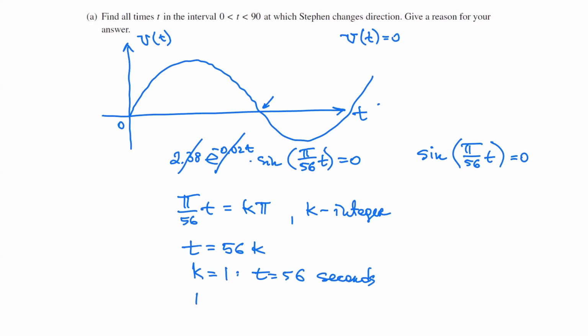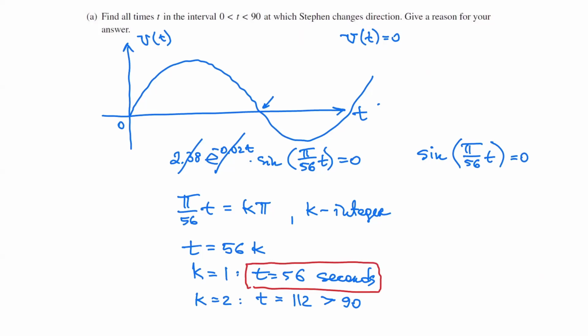And then k equals 2 and get t equals 56 times 2, 112 seconds. But 112 is already greater than the upper limit, which is 90 seconds. So the only answer is t equals 56 seconds. And we see that for all times in this interval at which Steven changes direction, time equals 56 seconds is the answer.